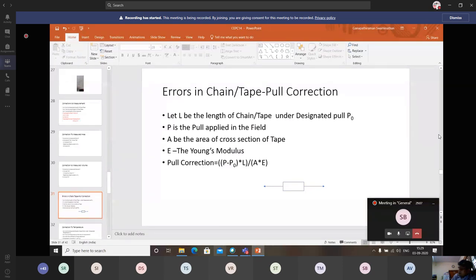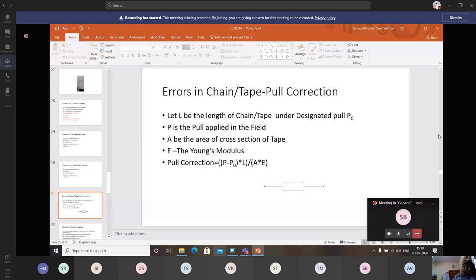Stress by strain is equal to E. Stress by E is equal to strain. Strain is equal to delta L by L. So L transposed to the other side, elongation delta L is equal to force into length divided by area into Young's modulus. That is how it has been derived.